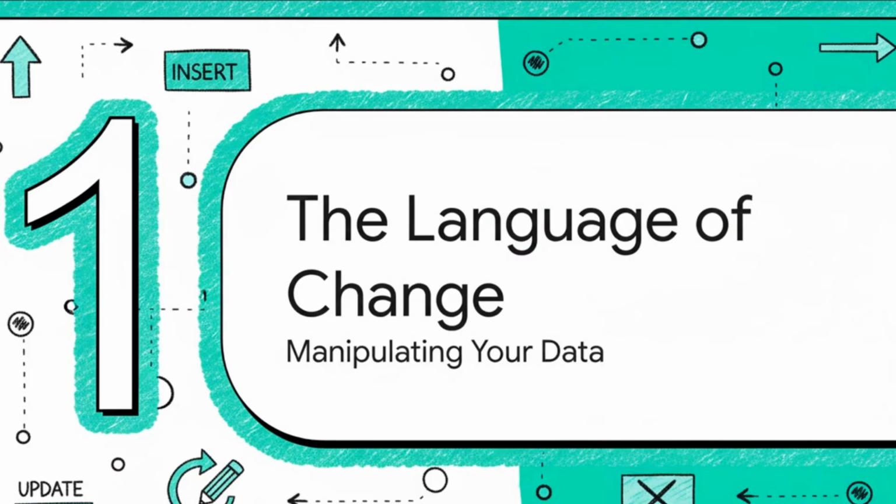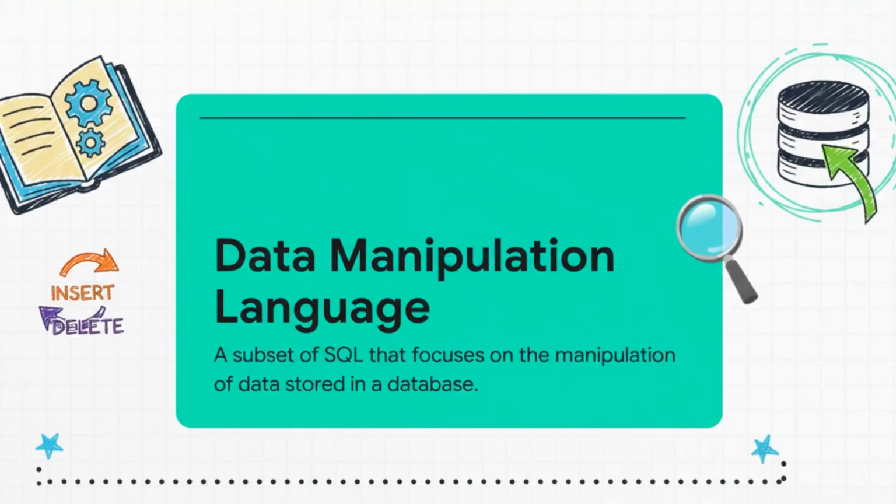Well, to do all that cool stuff, you need the right words. You need a special vocabulary, a language built just for making those kinds of changes and manipulating data. And that language, my friends, is DML. It stands for Data Manipulation Language. Now, it's actually a specific part of the bigger SQL world, and its one job, its only job, is to manipulate data.